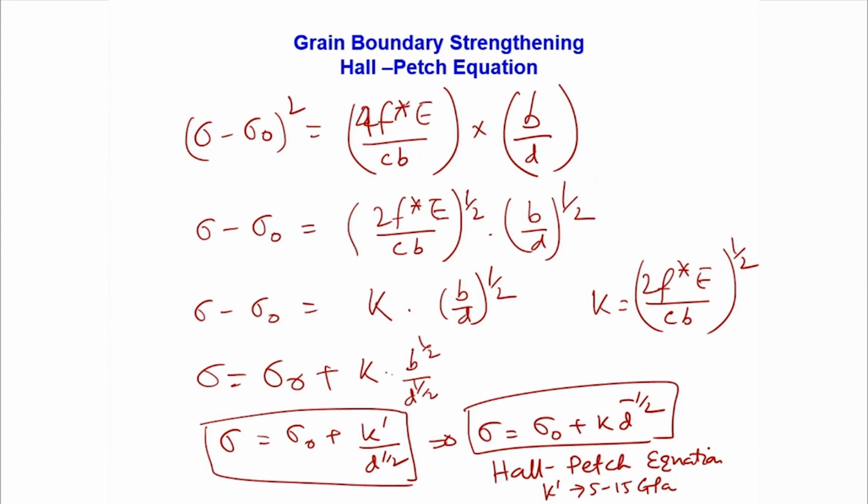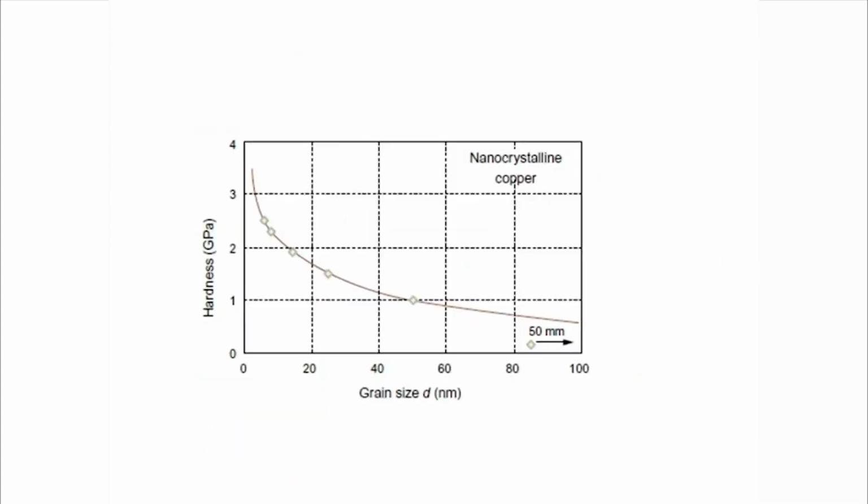So first of all, you understood that if you plot hardness versus grain size here for nanocrystalline copper, you can see its strength significantly increases.